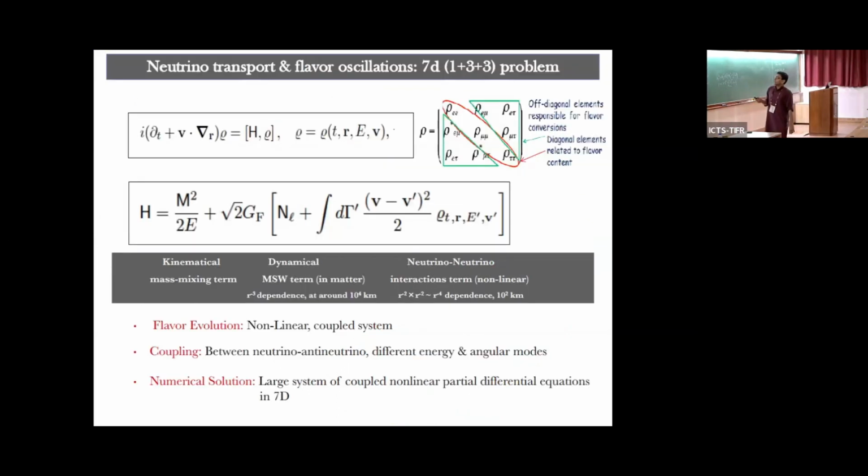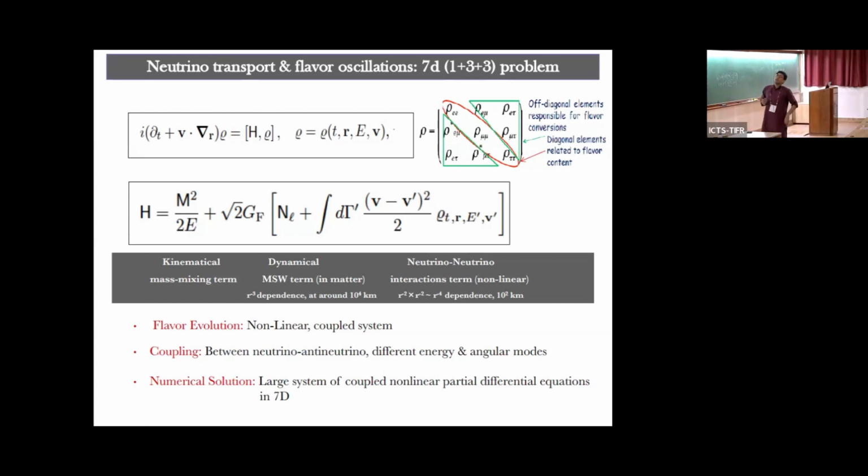So these are my v dash. Then when you write the matrix of densities, this many indices will come: at what time, at what radius you want to see this, the energy, and at what angle it came out.